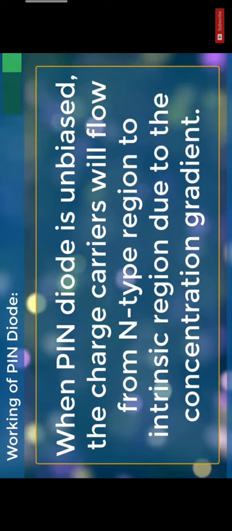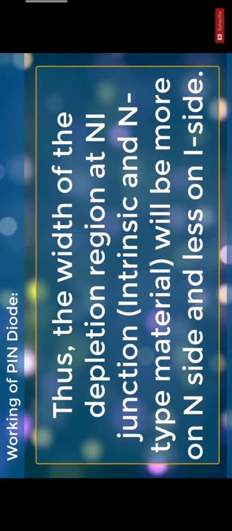When the PIN diode is unbiased, the charge carriers will flow from the n-type region to the intrinsic region due to the concentration gradient. Thus, the width of the depletion layer at the n-i junction will be more on the n side or less on the i side.